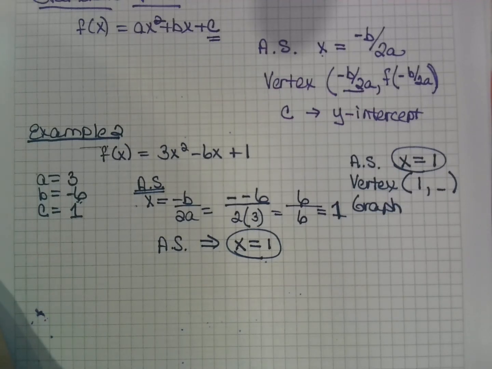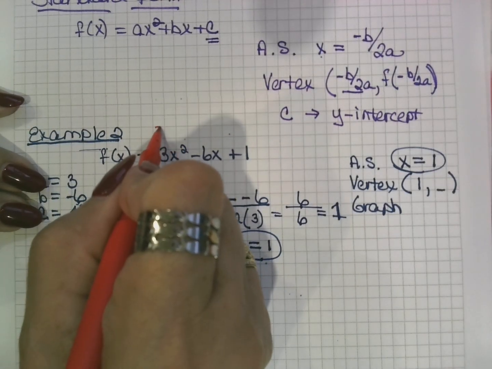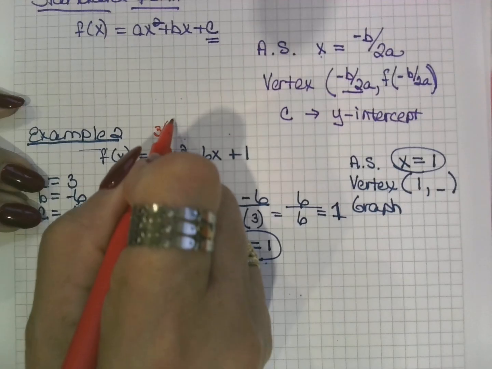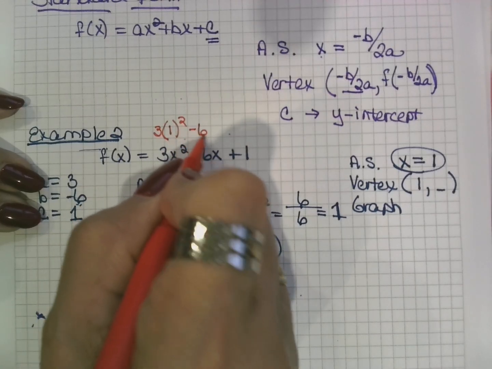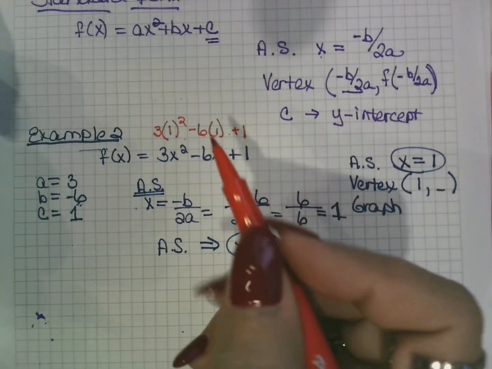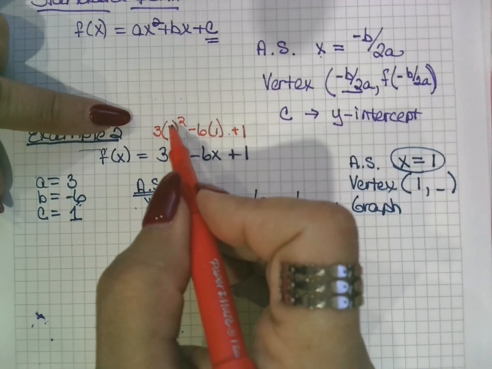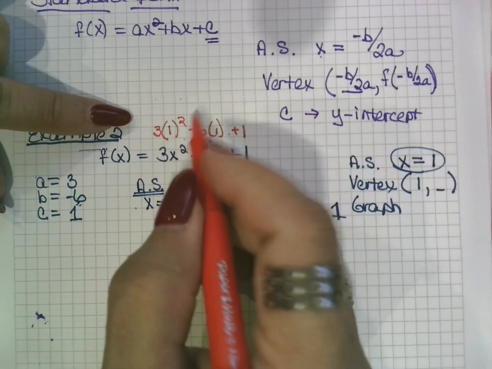So let's go ahead and do that. Just find another marker. So that's going to be 3 times 1 squared minus 6 times 1 plus 1. Again, order of operations requires us to do parentheses and exponents first.